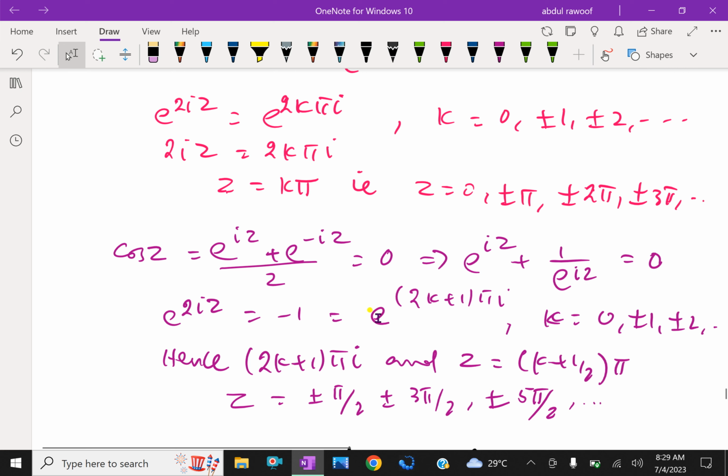These are the zeros of cos z. Hence, this result.